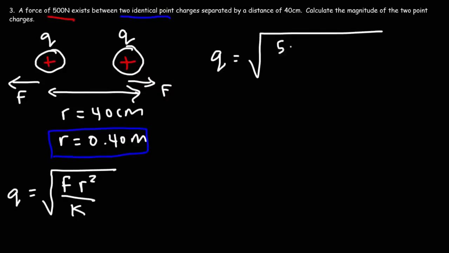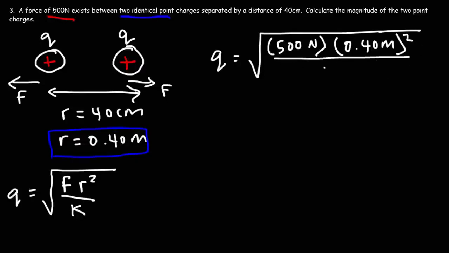So the force is 500 newtons. R is 0.4 meters. And then K is 9 times 10 to the 9 with the units newtons times square meters over square coulombs.